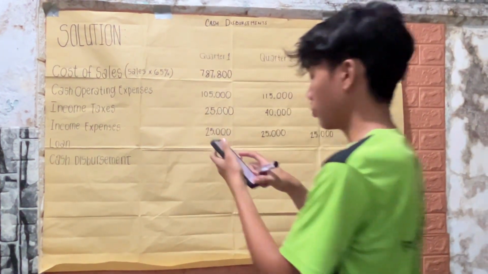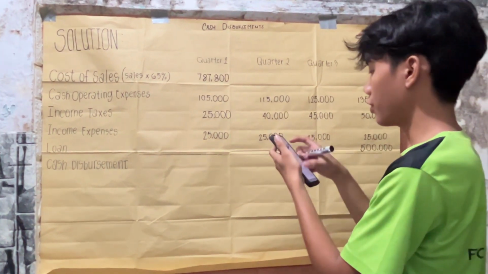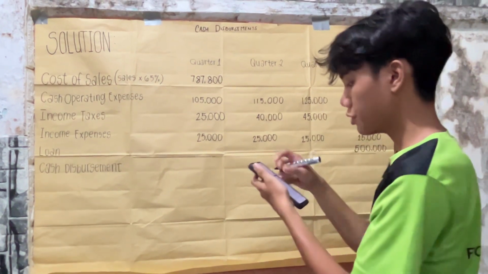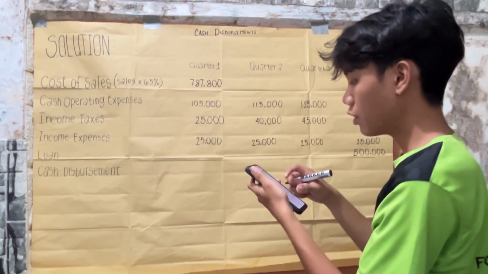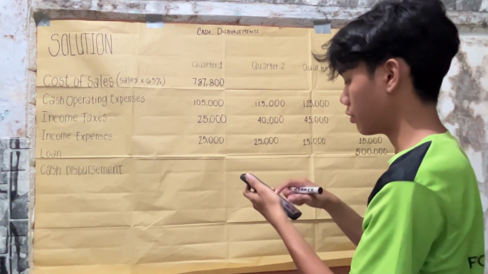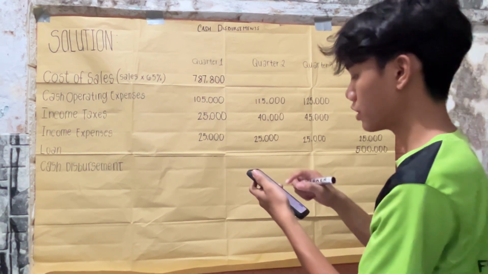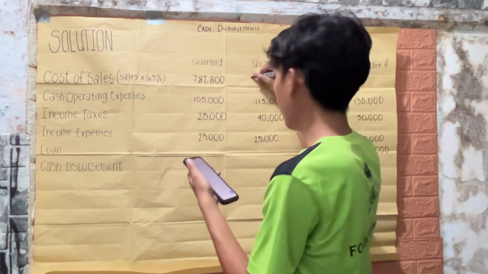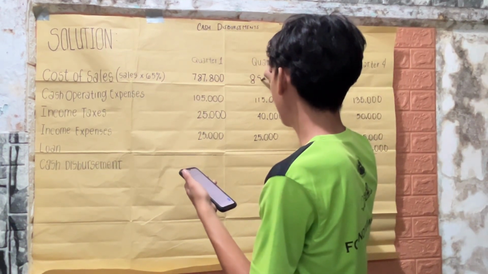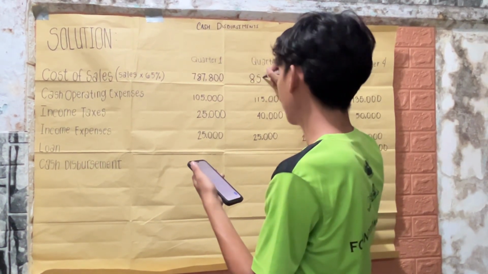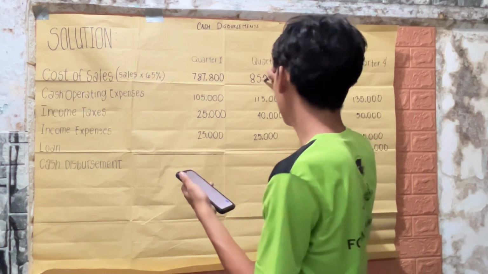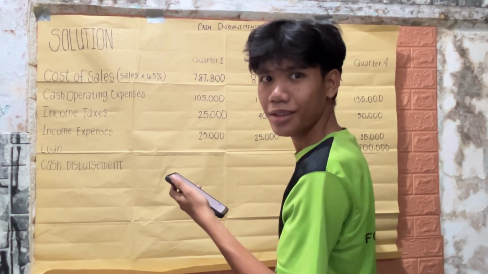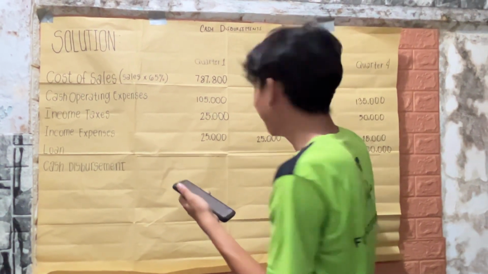Next, the projected quarterly sales for quarter 2 from the cash receipts is 1,312,000. So we have 1,312,000 times 0.65, which is 852,800.